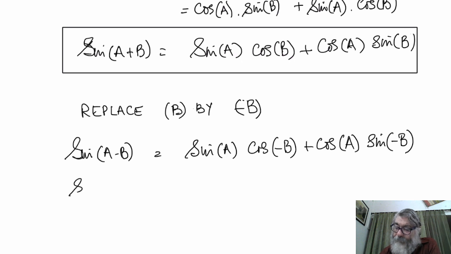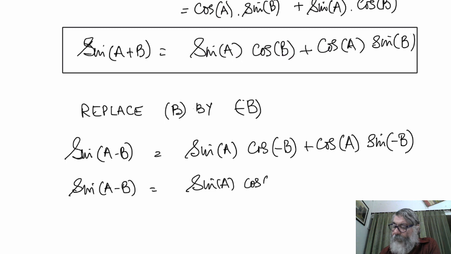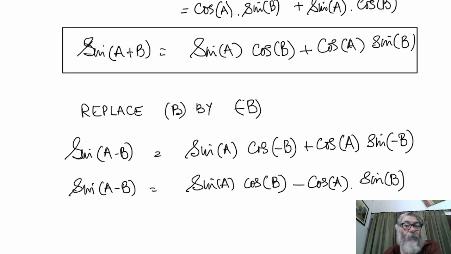So sin A minus B will become sin A cos B, and sin minus B will change to minus sin B. So minus cos A sin B.